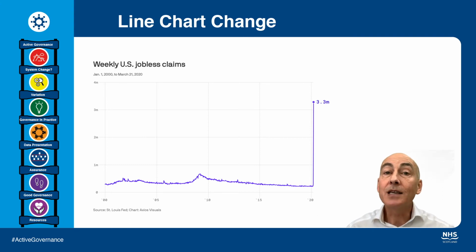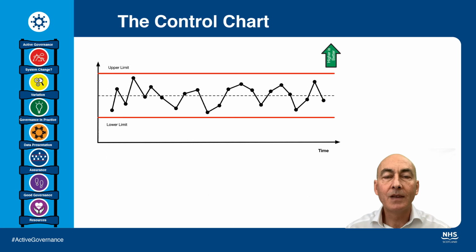This process has obviously changed, and we can tell that from this simple line chart. And we need to act appropriately because we know the system has changed. In most cases, it's difficult to determine system change using a simple line chart, and we need to revert to the control chart, which is the single best way of detecting change.